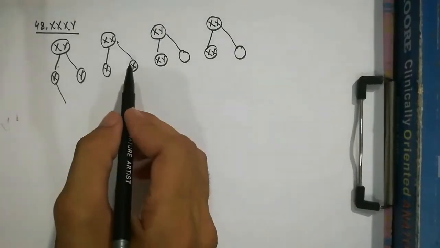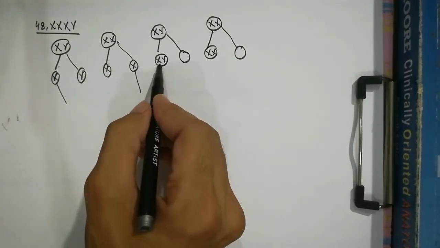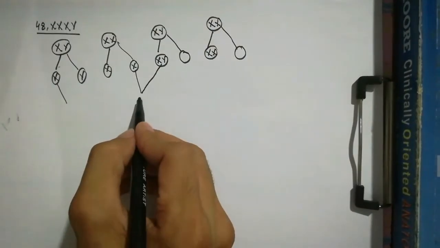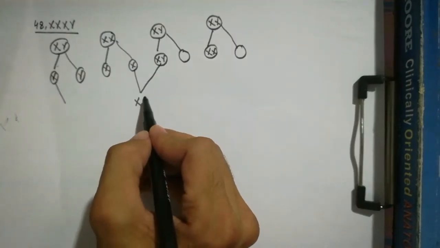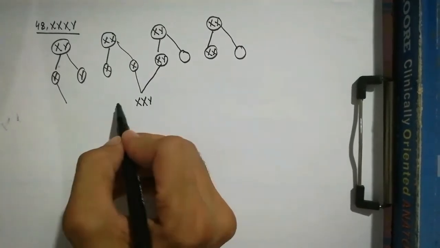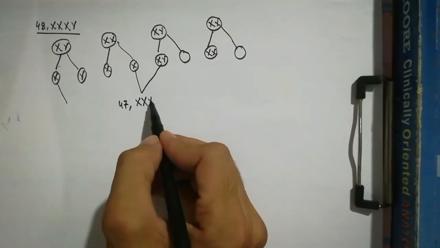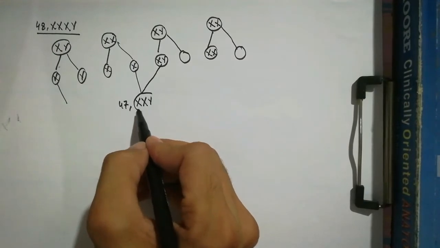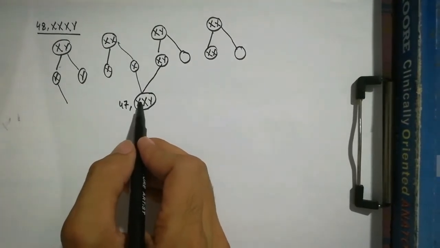If this normal female gamete is fertilized by this abnormal male gamete, this type of zygote is formed, meaning 47 chromosomes, 3 sex chromosomes, XXY. This is one picture of Klinefelter syndrome.